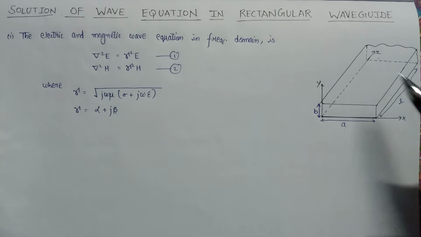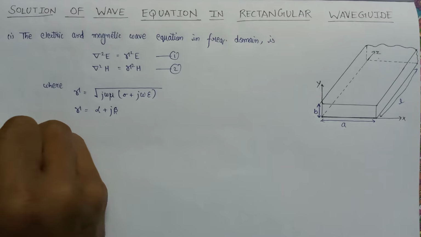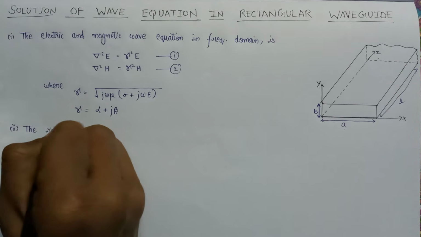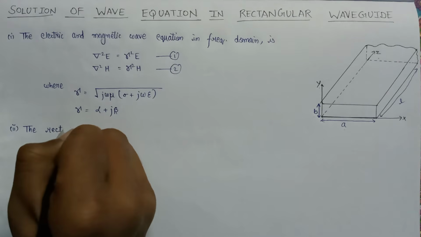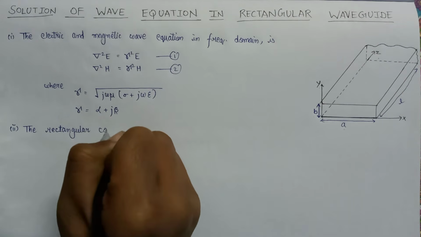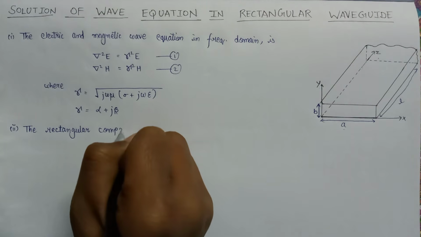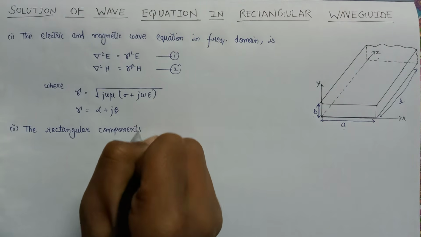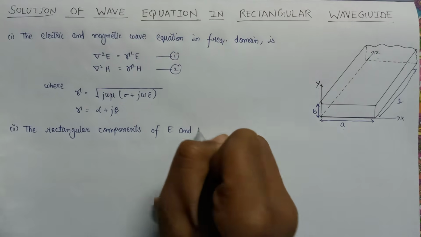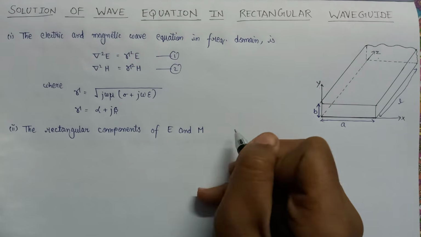Now for this rectangular waveguide, the rectangular components of the electric field and the magnetic field should satisfy the Helmholtz equation.